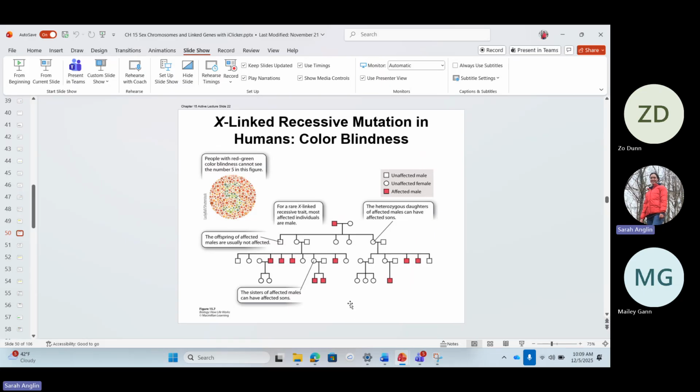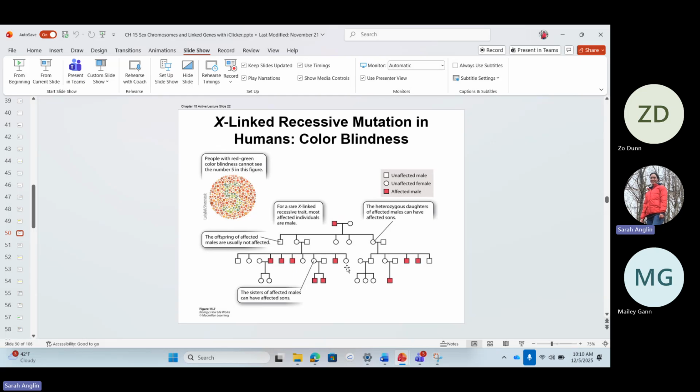In this pedigree chart, we don't see any females affected. They could be, but it would just be rare. So it's okay that you don't see any females affected here, because that could happen as well.